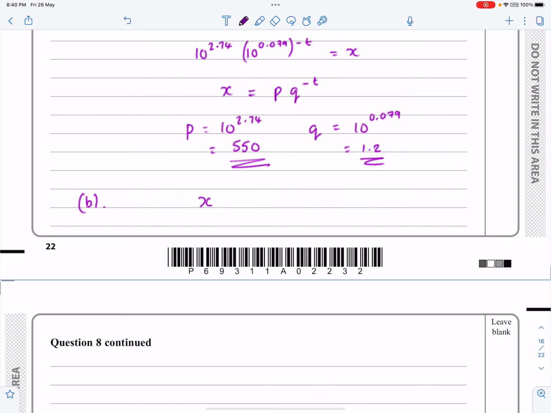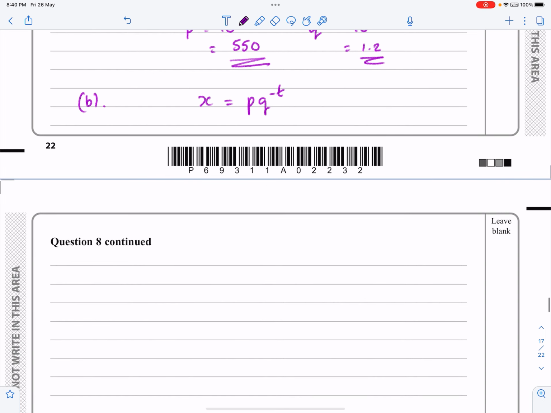Well, if the formula is x equals pq to the minus t, this is one of those that you're going to get by actually doing more and more questions like this. If I'm trying to work out what p is, a really good starting point on lots of these questions is what's happening when t equals 0. Well, if t equals 0, I get x equals pq to the 0.